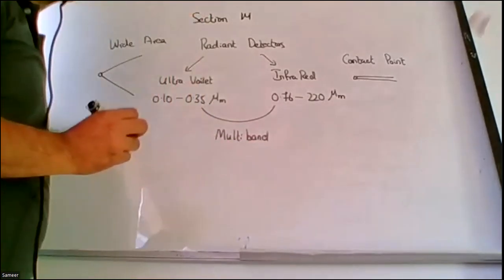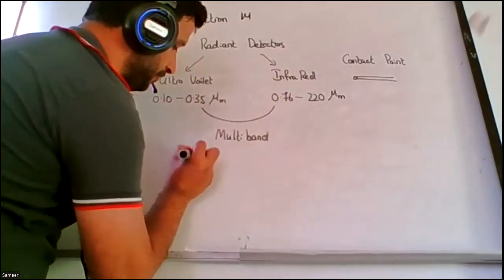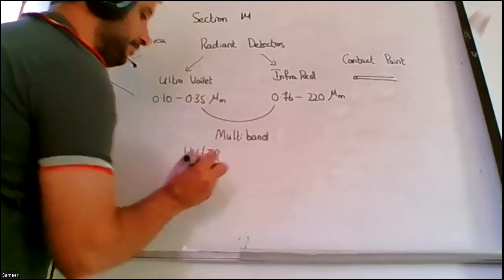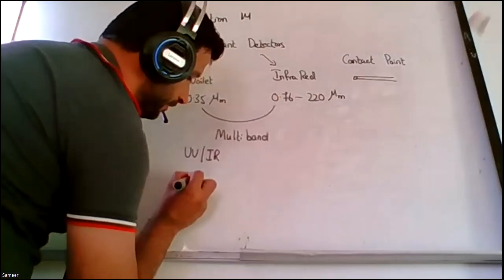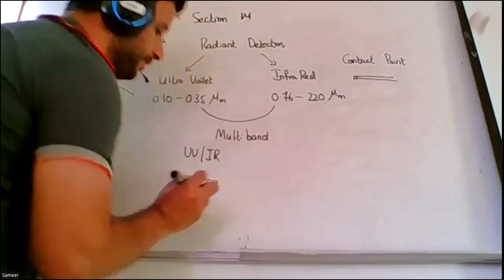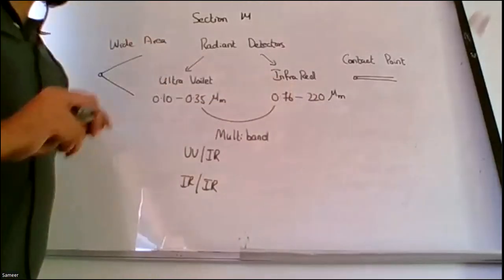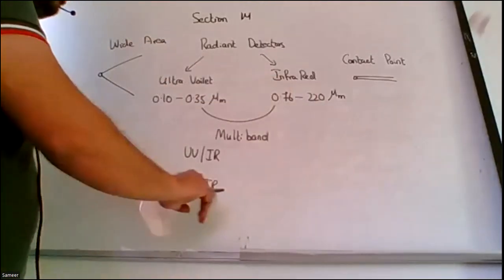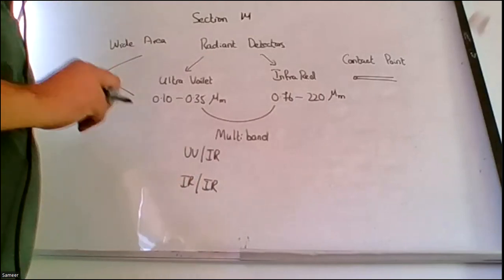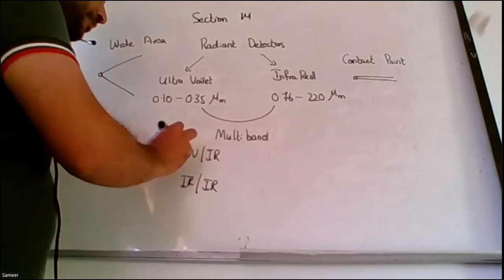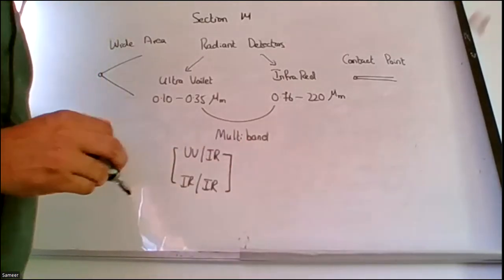So a multi-band detector can be a combination of ultraviolet and infrared, or infrared and infrared. Because the infrared radiation bandwidth is far greater, I can have two bandwidths in one detector, or I can have ultraviolet and infrared radiation in one detector. So these are the multi-bandwidth detectors that I can have for one facility.